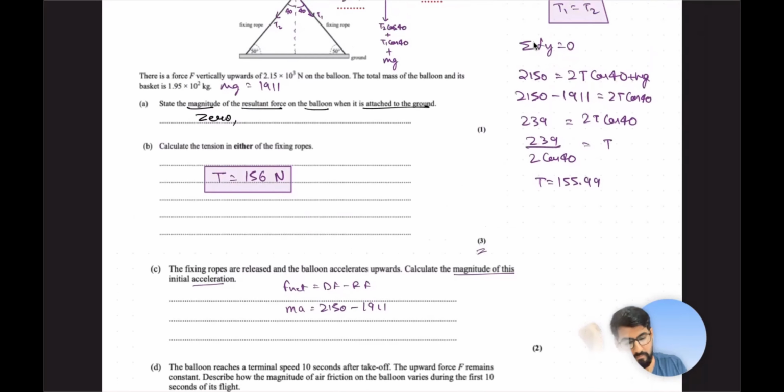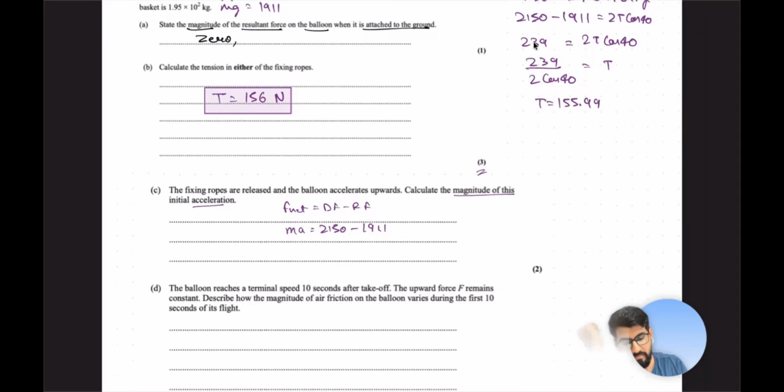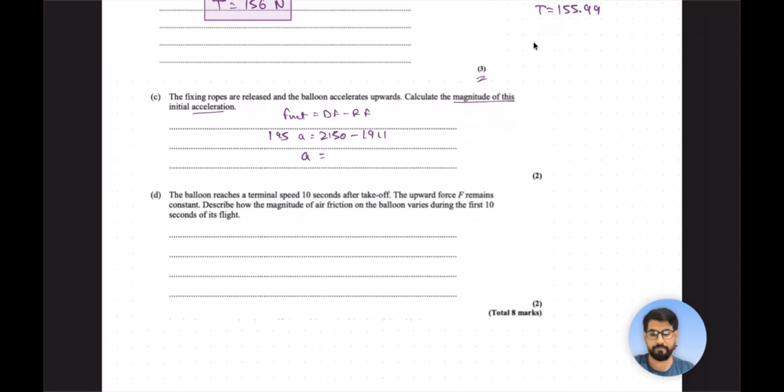And mass is given to you as 1.95 into 10 raised to power 2, which is basically 195 kg. So solve this, you will get your answer simple. So 2150 minus 1911 divided by 195 is 1.22 meter per second square. That's your answer, simple.